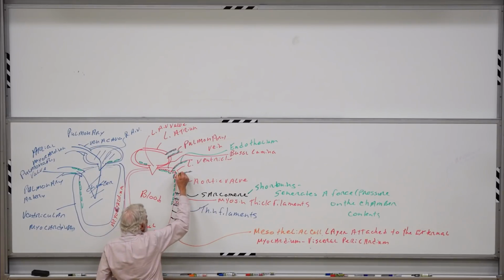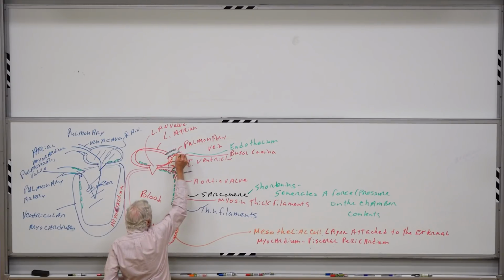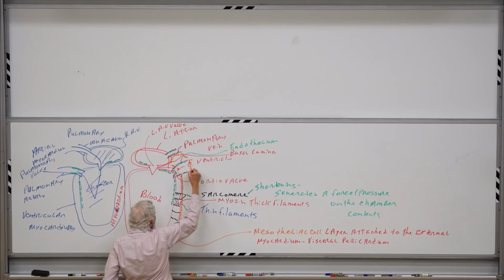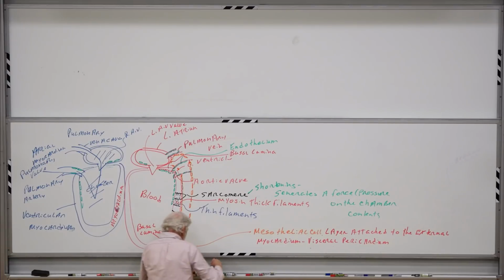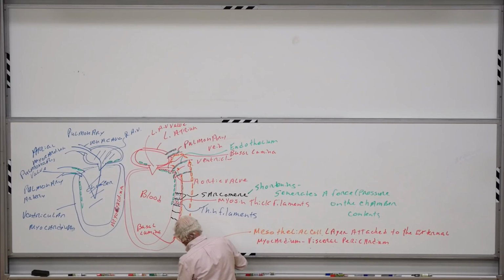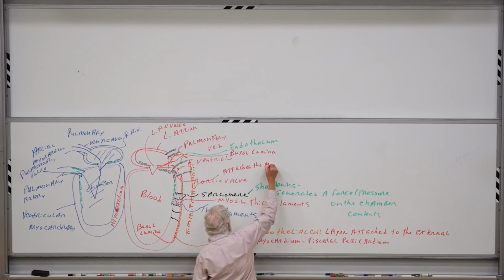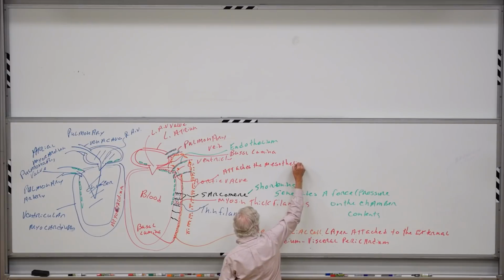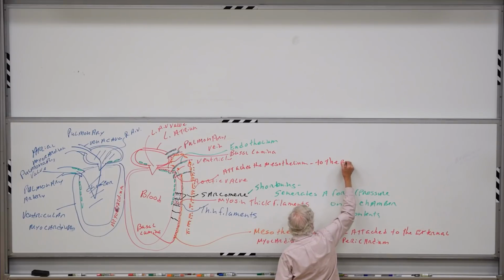But this layer of cells continues all around the heart and loops back on itself. And again, these mesothelial cells sit on a basal lamina. They sit on an extracellular protein matrix. That extracellular protein matrix now attaches the mesothelium, or the mesothelial cells, to the body wall.